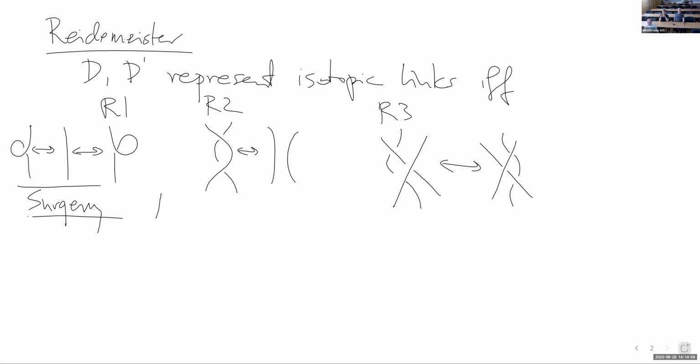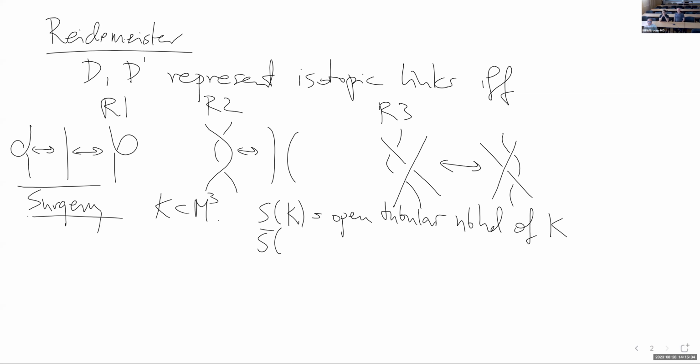So take a knot K in M, a three-dimensional manifold, and then let SK be an open tubular neighborhood in M, and this will be the closed one. And this is K.